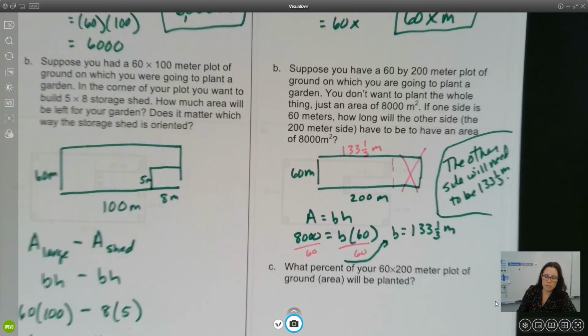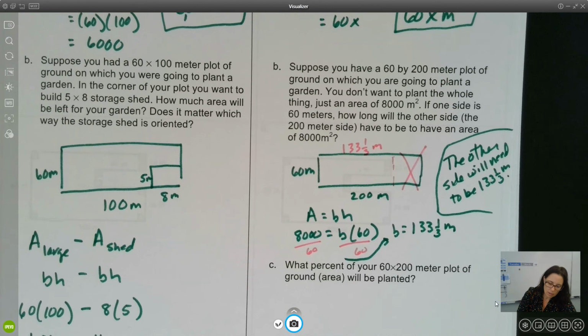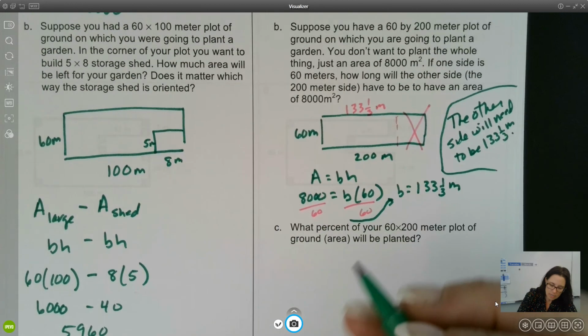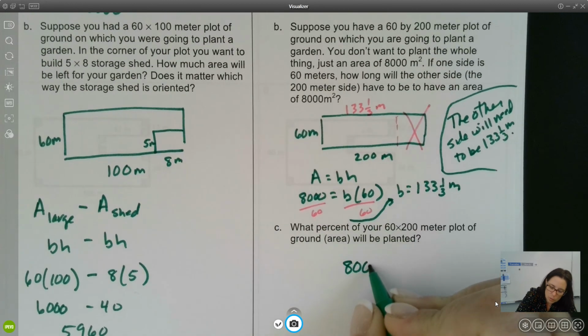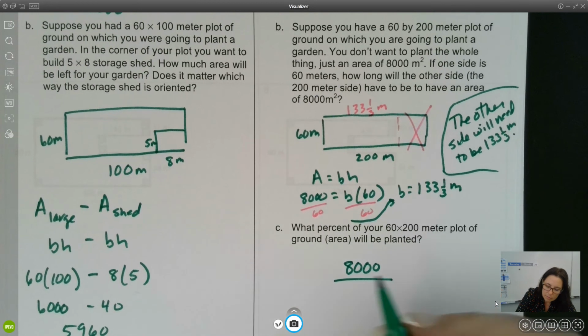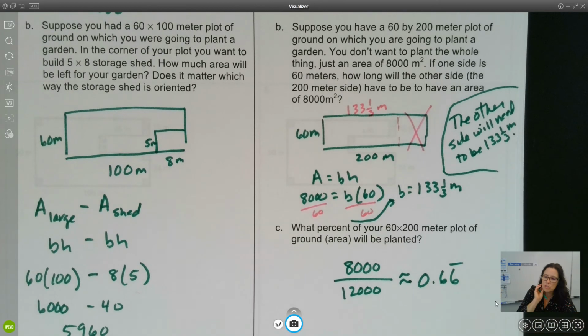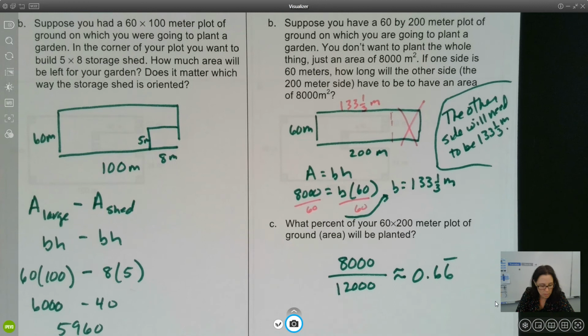All right, what percent of your 60 by 200 meter plot of ground area will be planted? All right, so if we take the 8,000 on this one that's going to be planted and divide it by the whole thing, 12,000, that gets us about 0.66, and that 6 just keeps going.